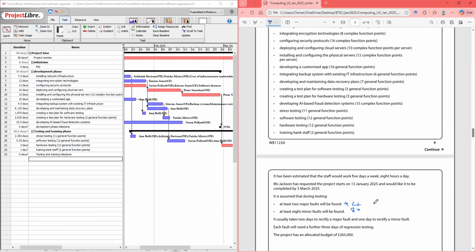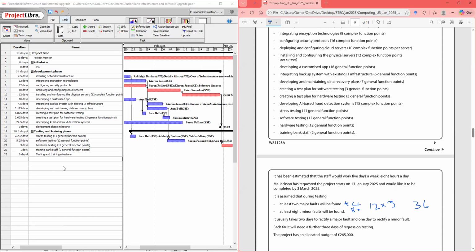Four is 12, 12 times 3. So 8 plus 4 is 12. And it says for each regression, each fault, it needs 3 days. So we multiply by 3, which is going to be equal to 36 days for regression testing.